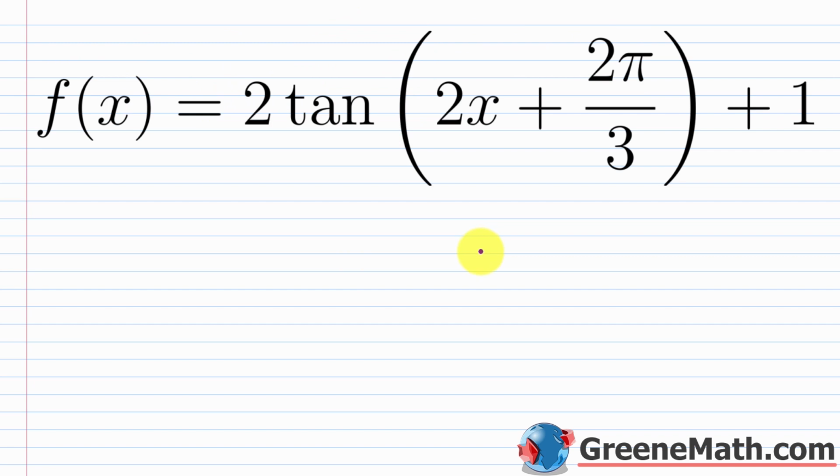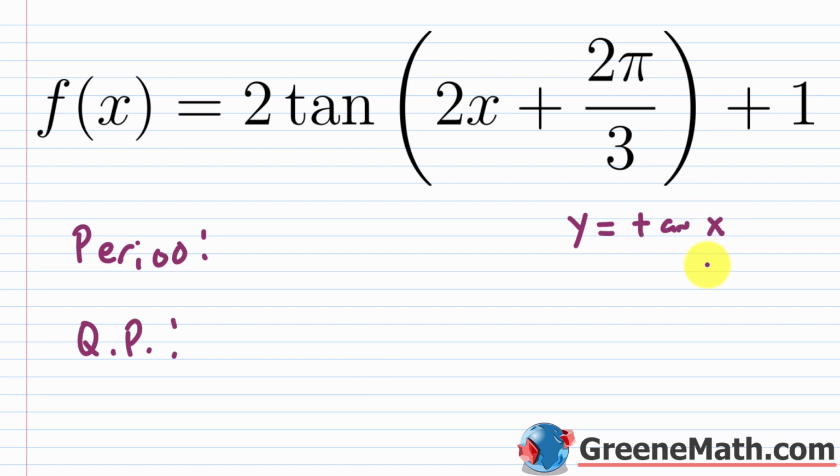Let me go back up and let's talk about the period. So what is my period? And then I'm also going to need to know what is my quarter period. So the period, again, if you're looking at y equals the tangent of x, well, the period is just going to be pi. If I change this to y equals the tangent of bx, well, now, provided that b is positive, again, if you don't have a positive b, you could just use absolute value bars, but provided that b is positive, you'd say the period is pi over b.